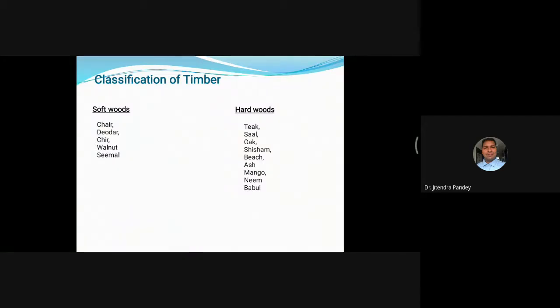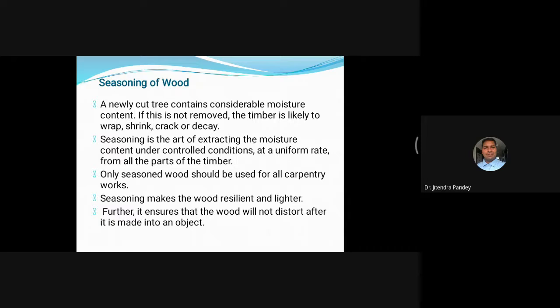Softwood is not used commercially, but hardwood we can use very commercially, like making furniture, door frames, window frames, and many other furnitures. Softwoods include chir, deodar, walnut, and semal. Hardwoods include teak, sal, sheesham, mango, neem, and babool. These are hardwood, which can be used very commercially.